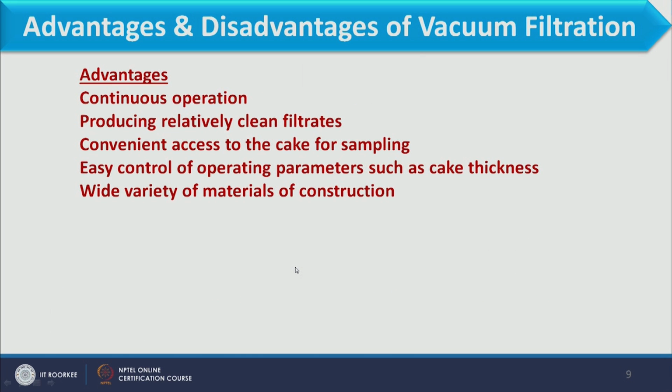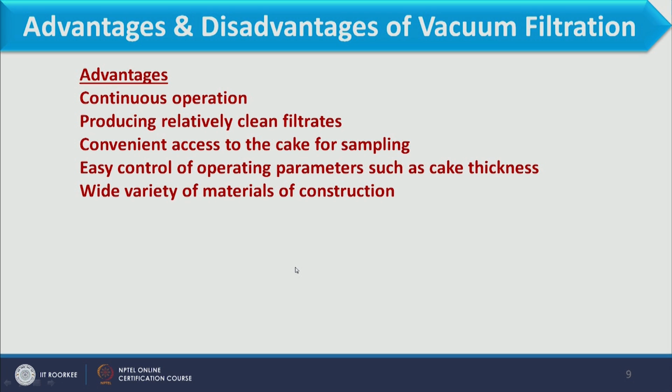Now here we have seen one condition, that is under vacuum, and second is at normal condition. So what are the advantages and disadvantages of vacuum filtration? Advantages are, it is a continuous operation because continuous removal of cake can be observed over here, which is not possible for non-vacuum processes. Second advantage is producing relatively clean filtrate, and convenient access to the cake for sampling, as we have continuous removal of cake.